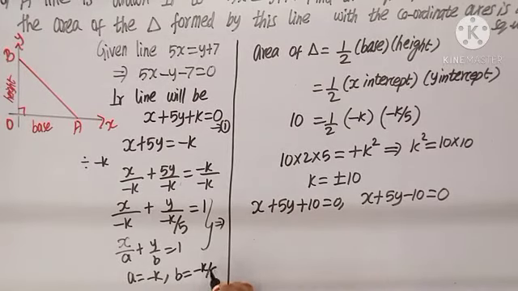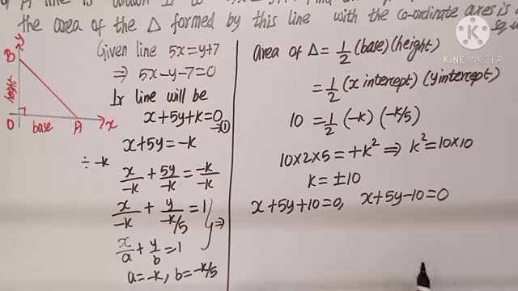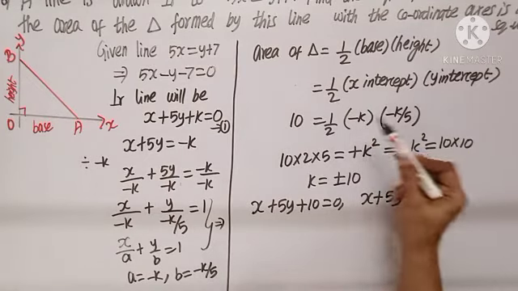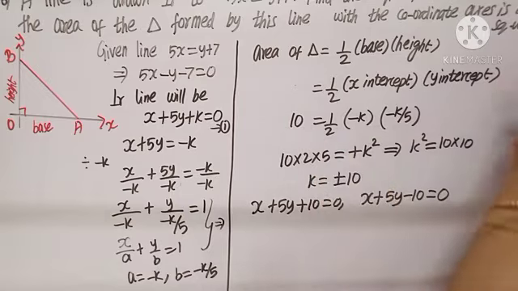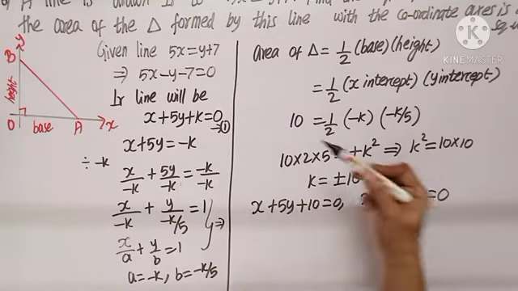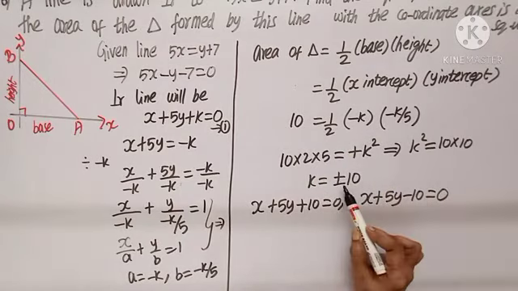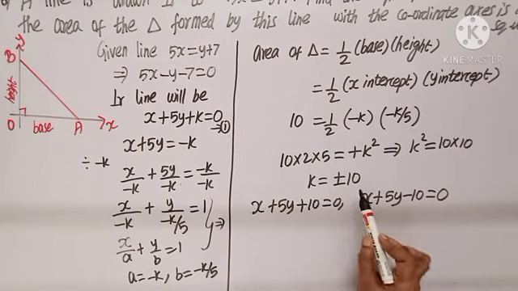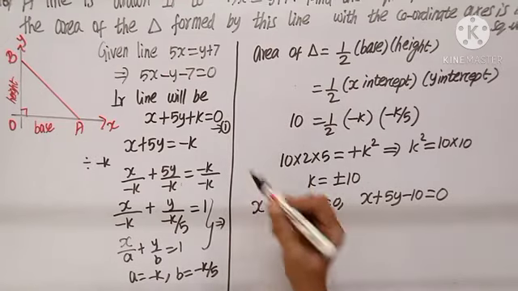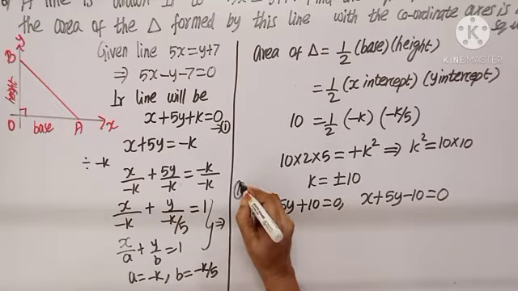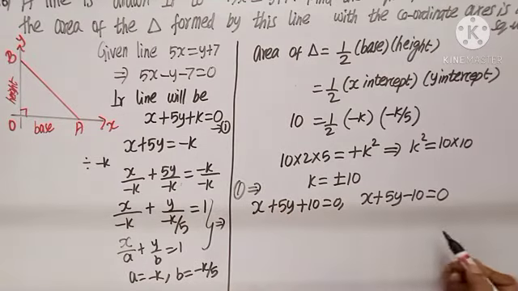That is, x-intercept is minus k, y-intercept is minus k by 5. As I substitute in the formula, given area is 10, we get k value plus or minus 10. Put k value back in the first equation, so we arrive at the required equation of the line.